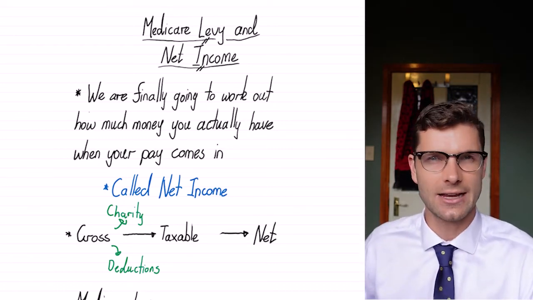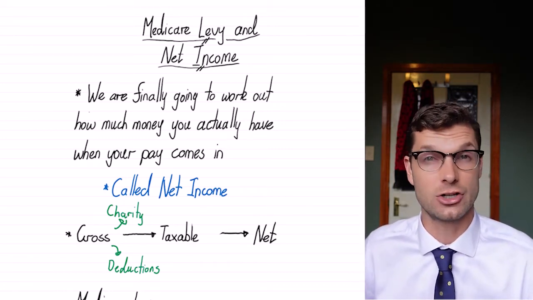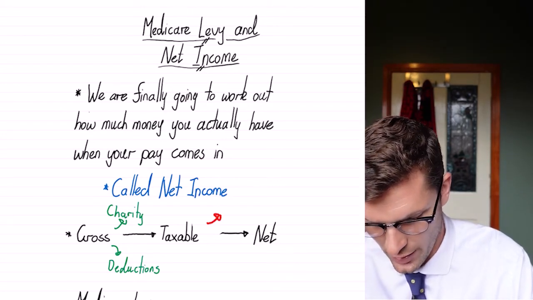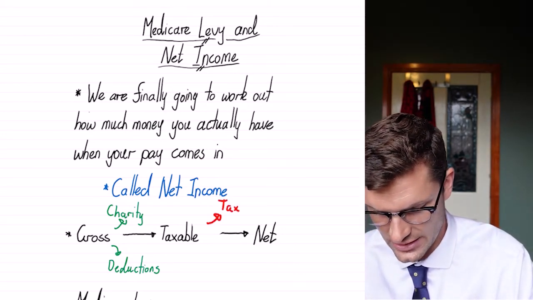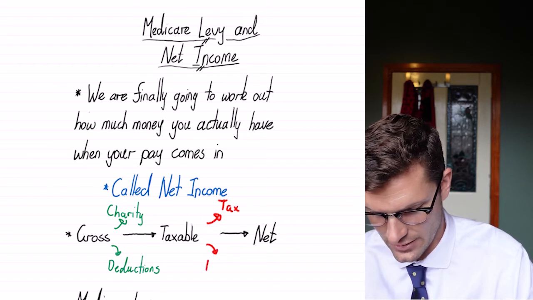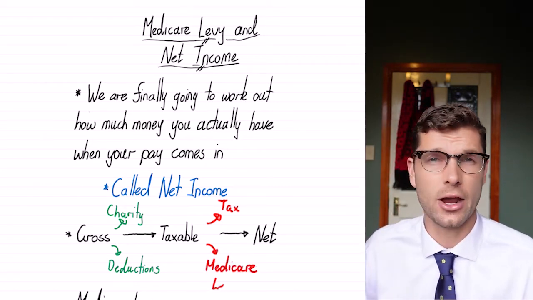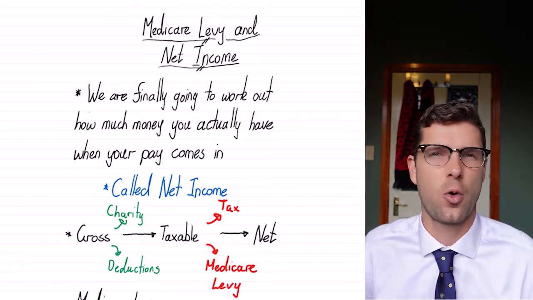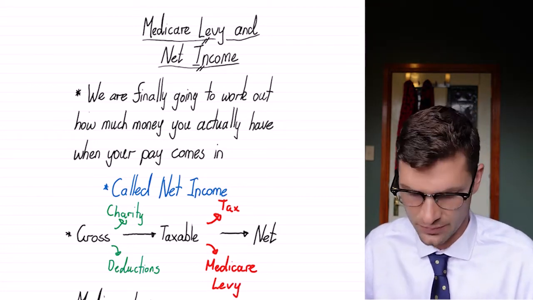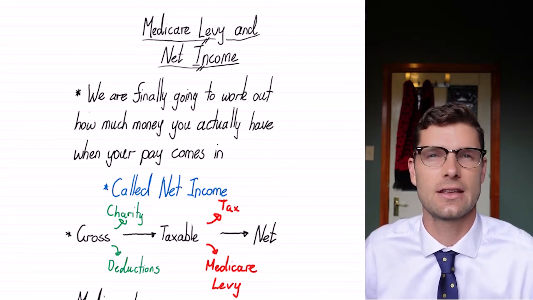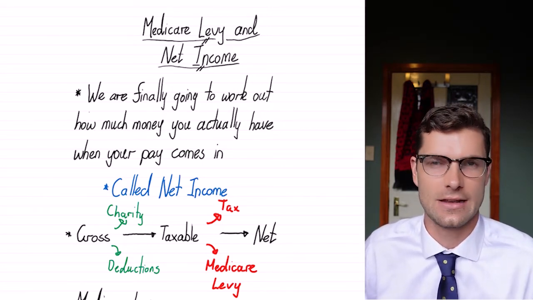Then to take our taxable income and find out what we're actually left with, you've got to take away your tax, that's what you pay, and also this thing called the Medicare Levy, which we are going to talk about, but it's quite a simple mathematical concept. And then finally, after that's all been given to the government, you are left with your net income.